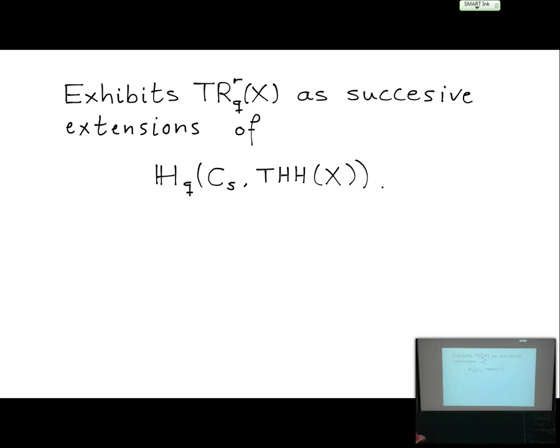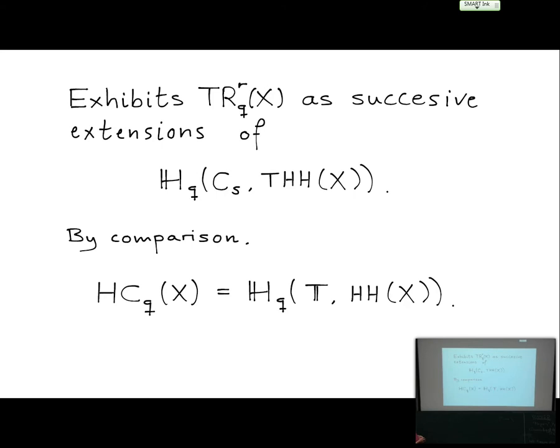Similarly, we can define Connes' cyclic homology to be the Borel quotient of the full circle acting on Hochschild homology.